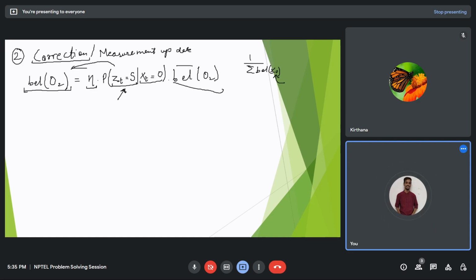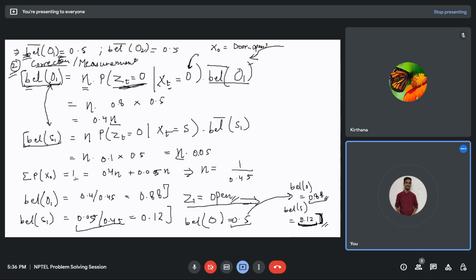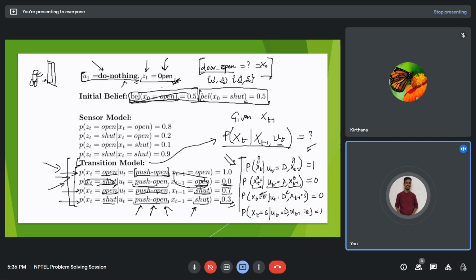But there can be cases where your sensor gives you wrong values. For example, it is very likely in this case that whatever the sensor reported was wrong, because we have a non-zero probability that even if the door was open, the sensor can report it to be shut, and likewise, even if it was shut, the sensor can report it to be open.